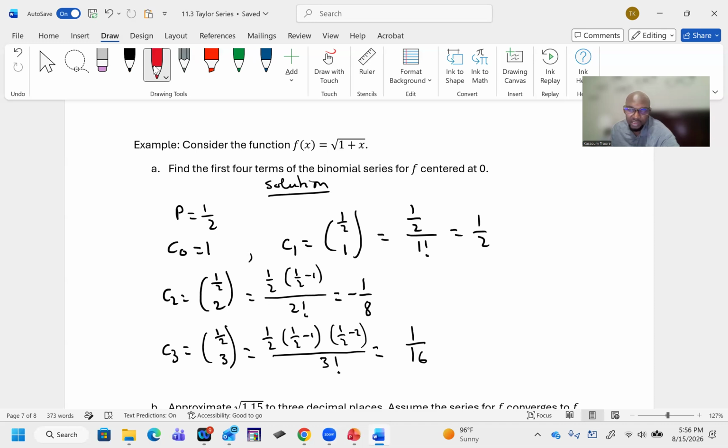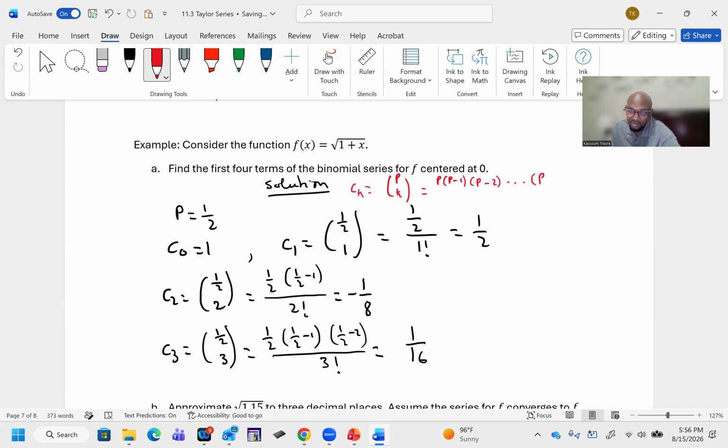Again, so let's not forget, we know P choose K, the formula. That's what I'm using to all of this, okay? So I'm using P choose K, which is my C sub K. All right? We said that is equal to what? P times P minus 1 times P minus 2 up to what?